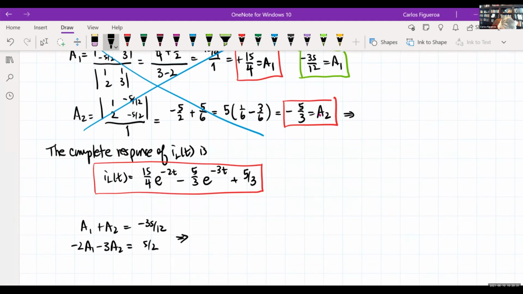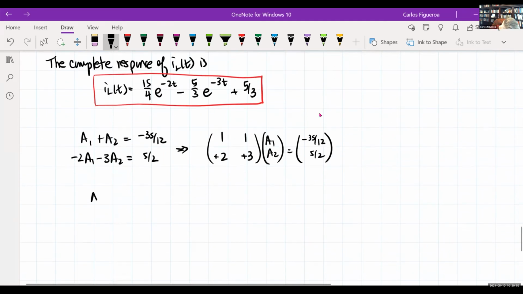So then let's go do this here. So then I'm going to get 1 minus 2, 1 minus, nope, let's take the minus sign to the other side. So then there should be minus 35/12, and this should be 5/2. So let's go calculate A1. So then A1, we already saw that the determinant is going to be 1.